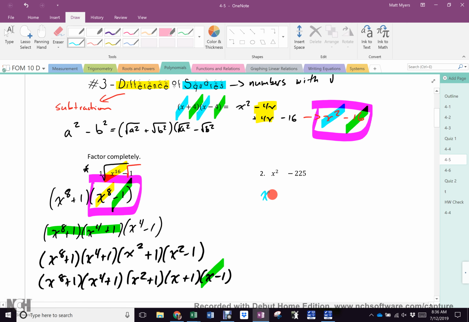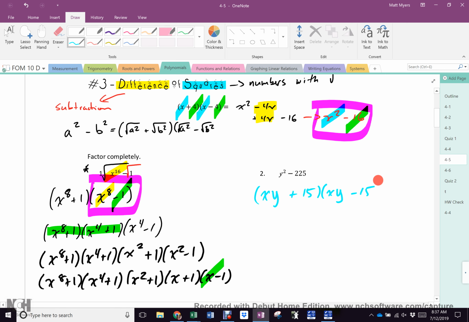X. Plus, what's the square root of 225? 15. Wise asses. And then what would I write? X minus 15. But there is a y there. So, if there were no x there, what would it have been? Y. So, we just put our y there.